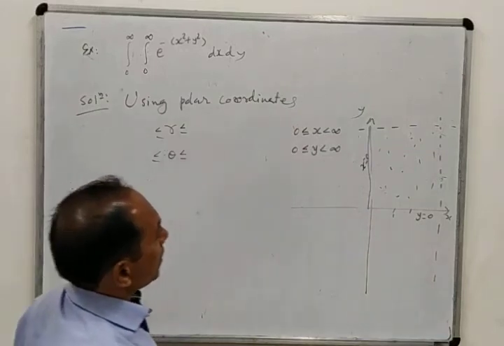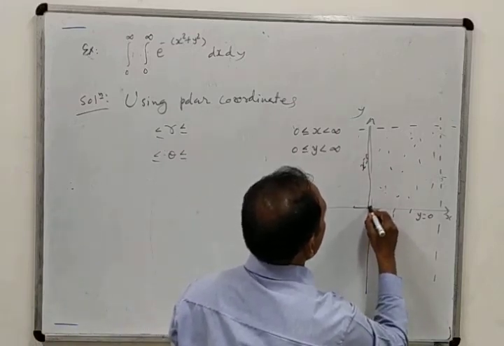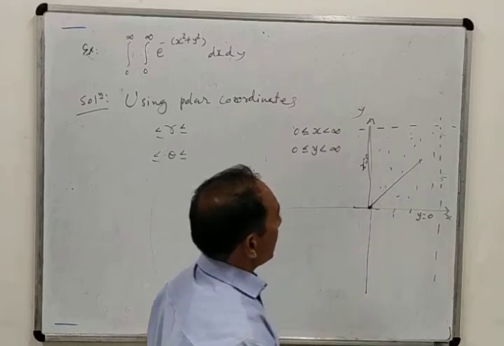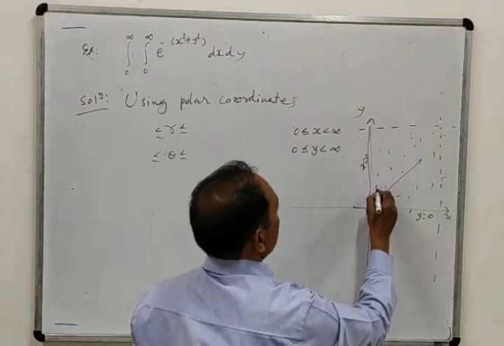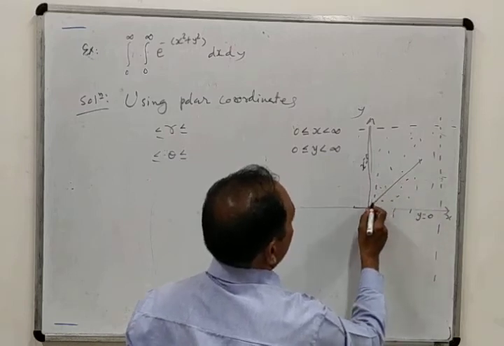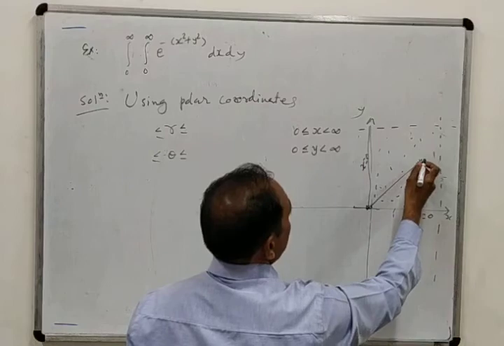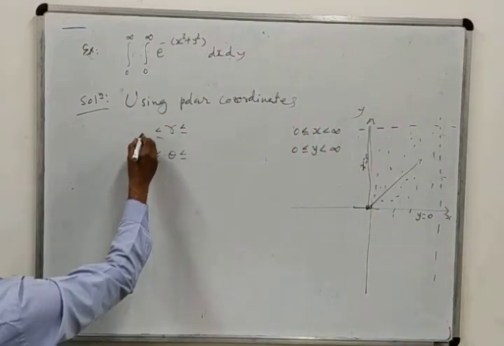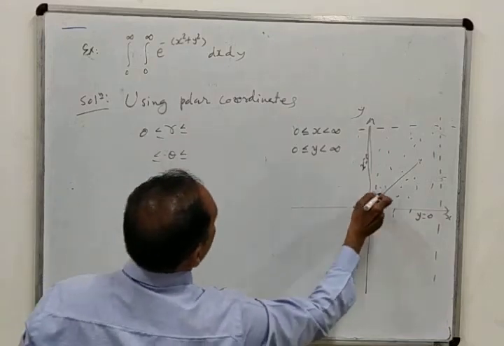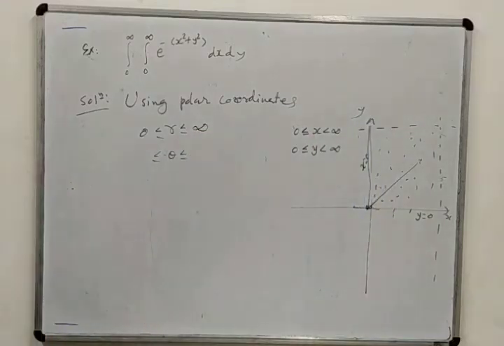To determine the limits in polar coordinates, as I told you, draw an oblique line passing through the origin, and see the endpoints of the strip line within the region. One endpoint is here and the second has no limit, it is extending and extending. So at the origin r equals 0 and r is extending, that means the length is infinity.